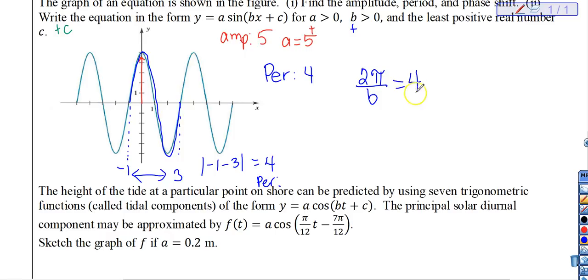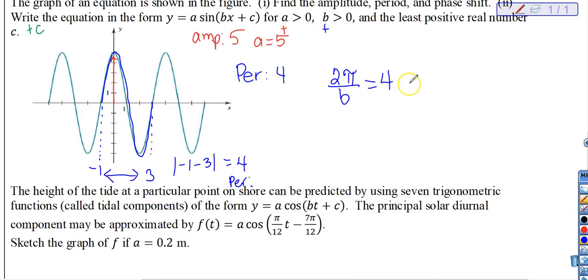And now we just need to solve for B. Any questions about that? I multiply both sides times B, and I get 2 pi equals 4B, and then divide by 4: pi over 2 equals B, because we simplify to pi over 2. All right, so there's our B term.